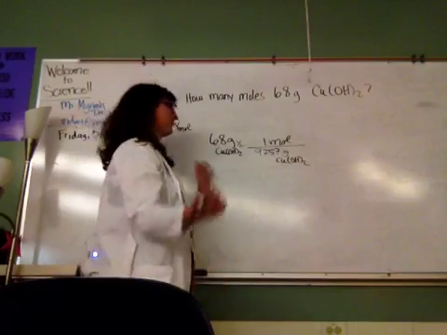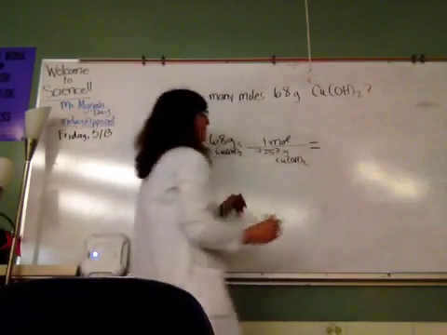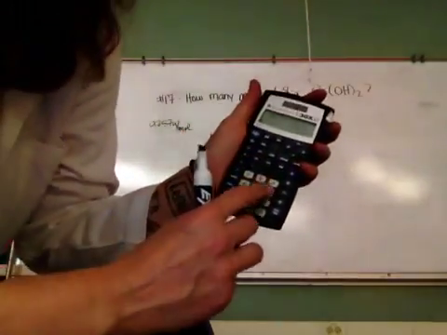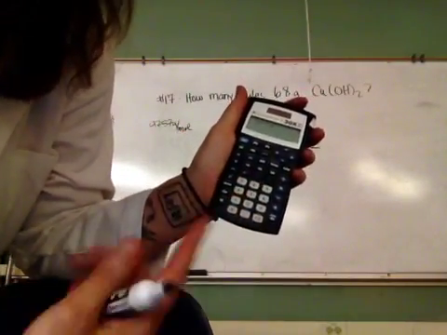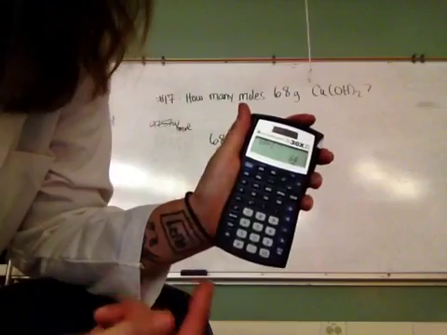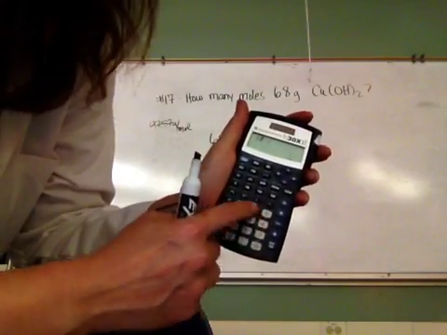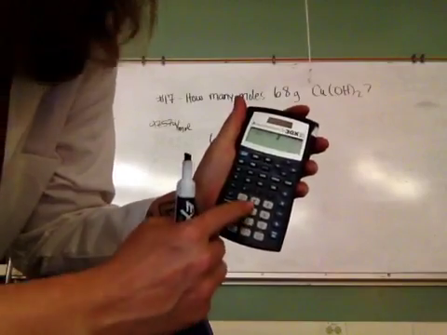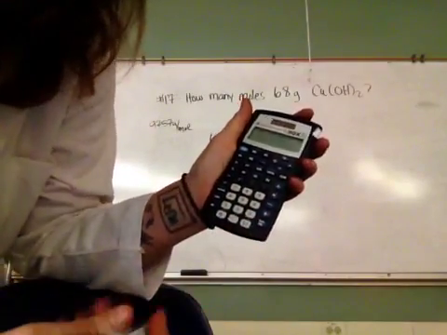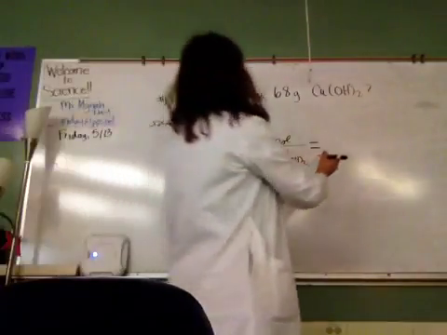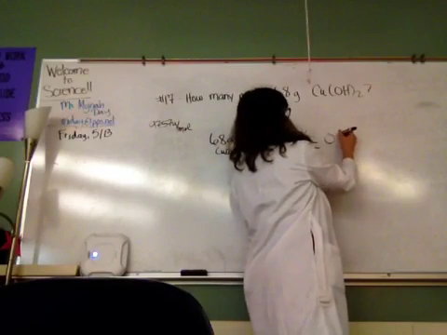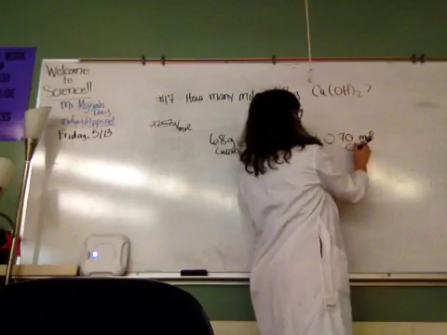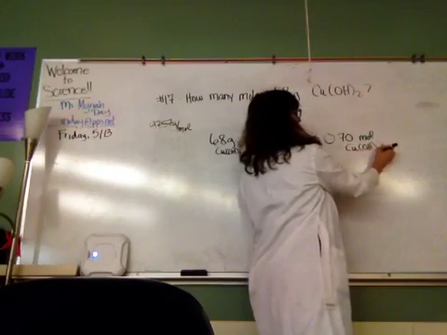So, we're going to do the same thing as we've done before. You can go 68 times 1, but you know 68 times 1 is 68. Or you can go 68 divided by 97.57, which is equal to 0.70 moles of copper 2 hydroxide.